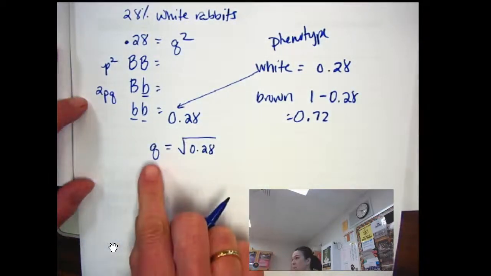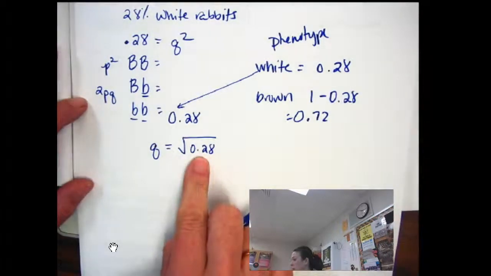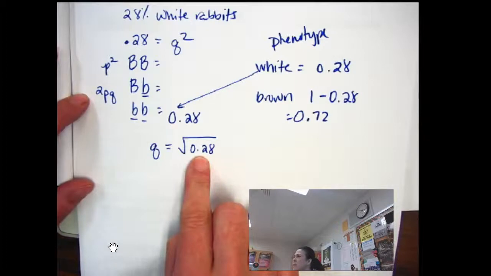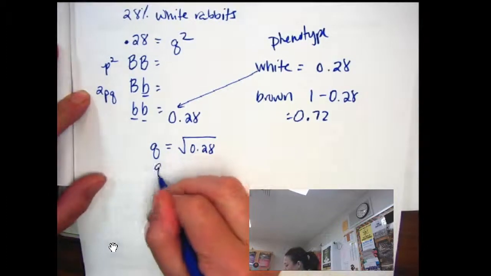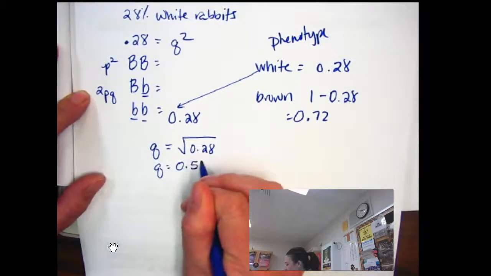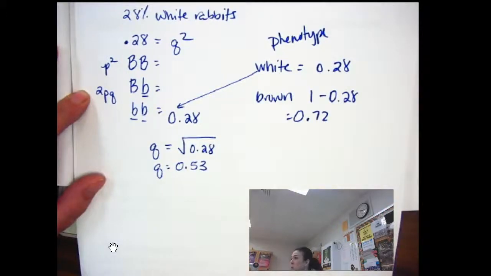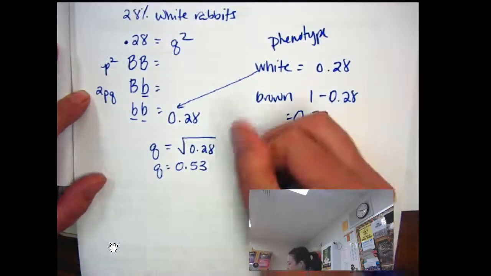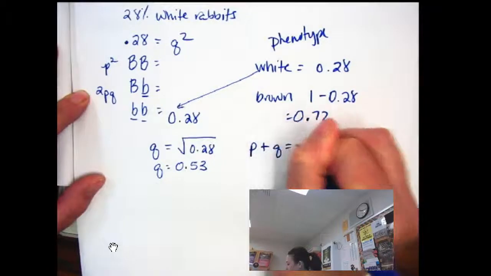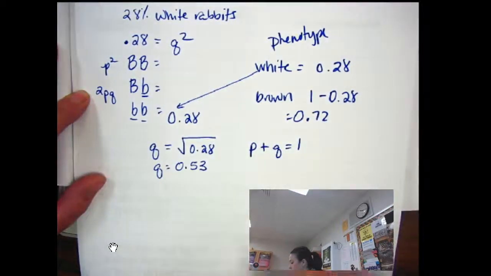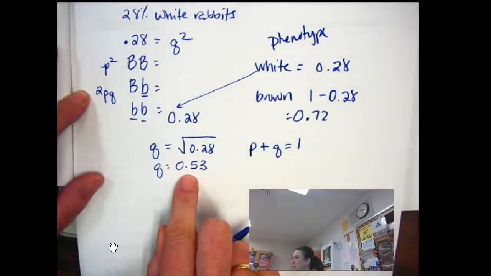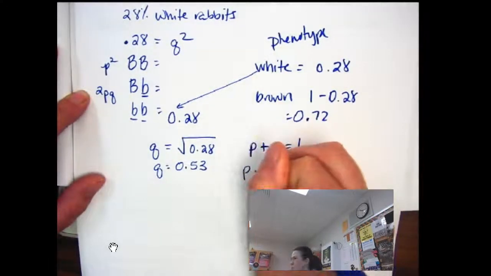We'll first take the square root of 0.28 to find out what Q was. What is it? 0.53. Once we have that, we can find P, because P plus Q equals 1. So 1 minus 0.53 is 0.47.